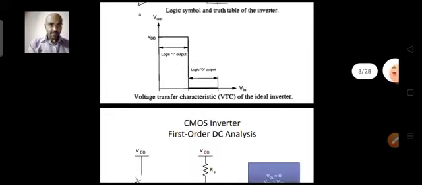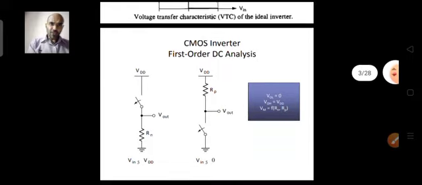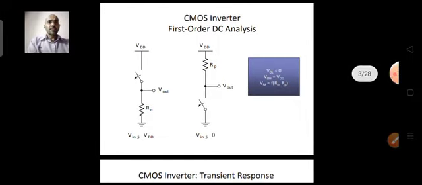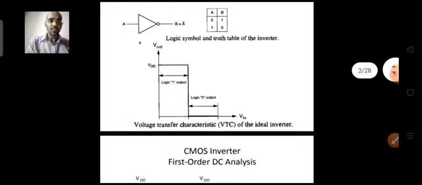Okay. So now if you try to understand this CMOS inverter with the basic, first order explanation, then you see what happens. Why do we call it CMOS? Basically, we have seen in the last slide what an inverter is.